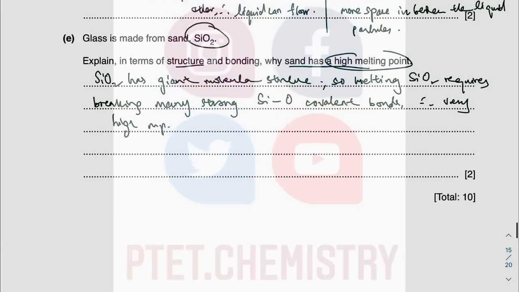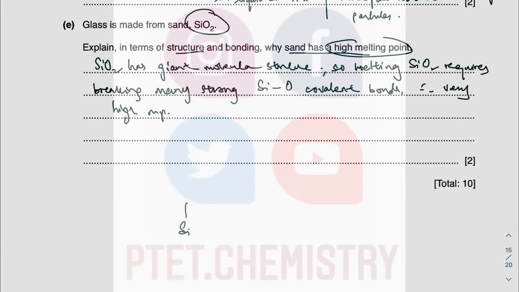In case you're not aware, you should know the structure of SiO2. Each silicon is bonded to 4 oxygen, and each oxygen is bonded to 2 silicon, just like that. And this network continues on and on and on. It's a giant molecular structure.